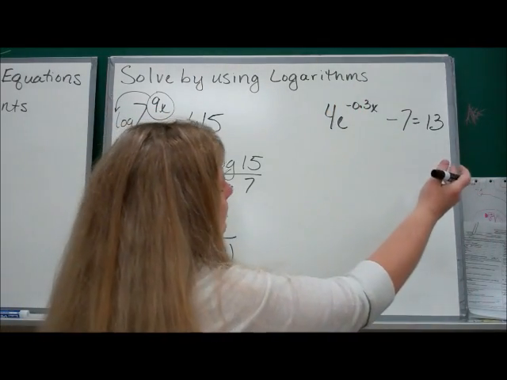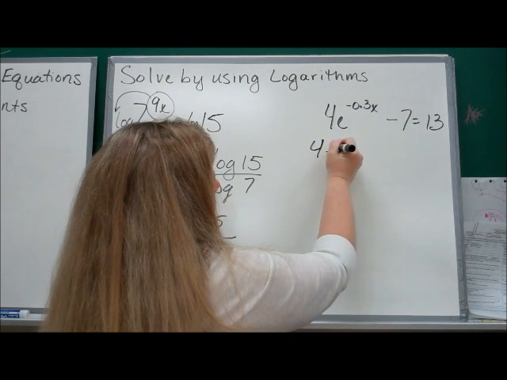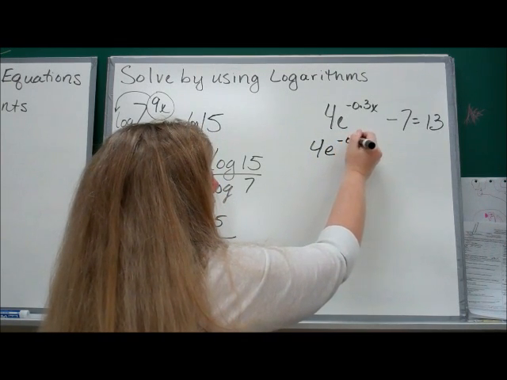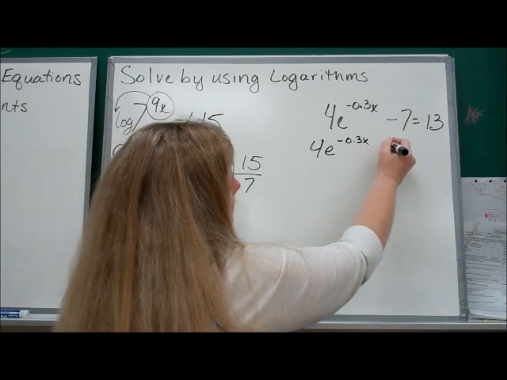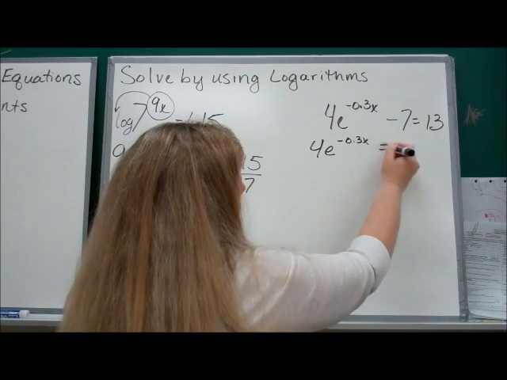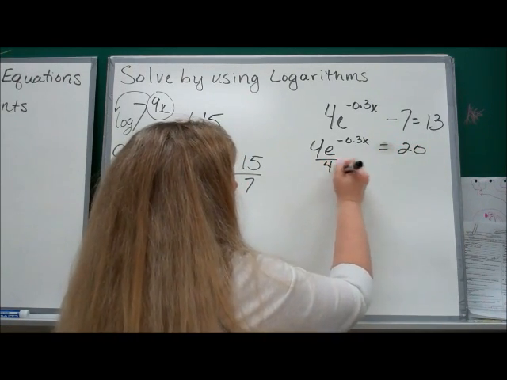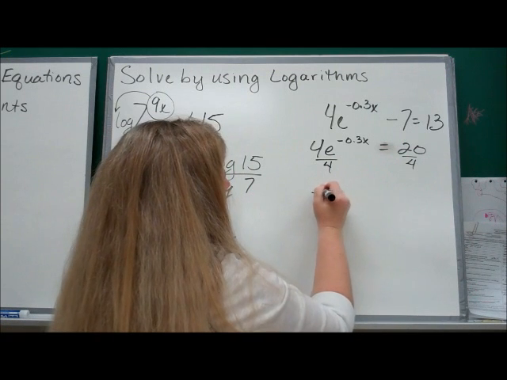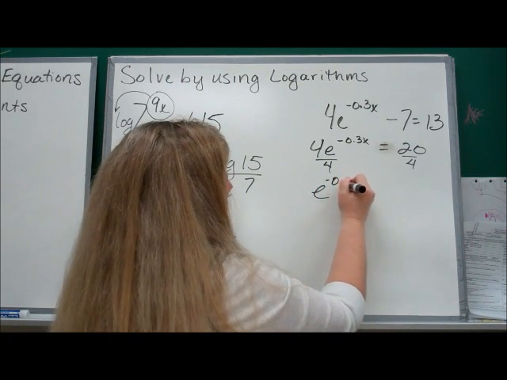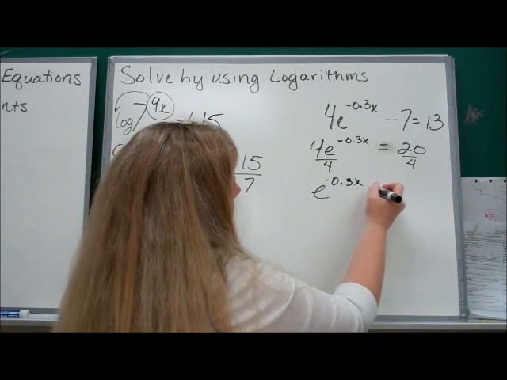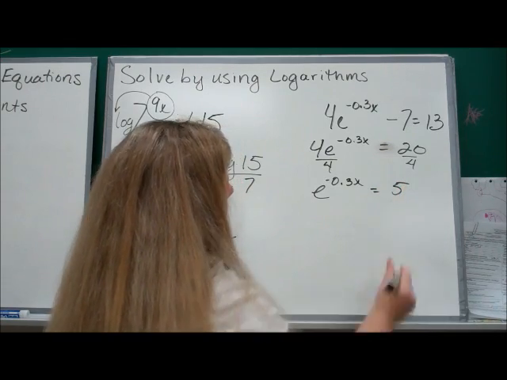So let's add 7 to both sides. That's going to be 4e to the negative 0.3x equals 20. Divide by 4, gives us e to the negative 0.3x equals 5.